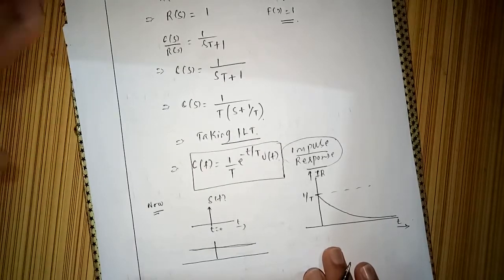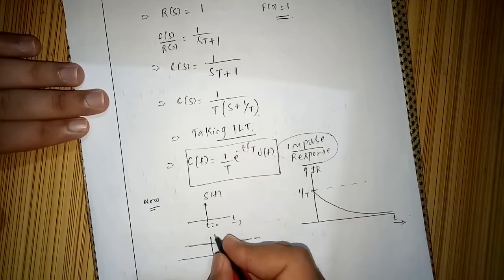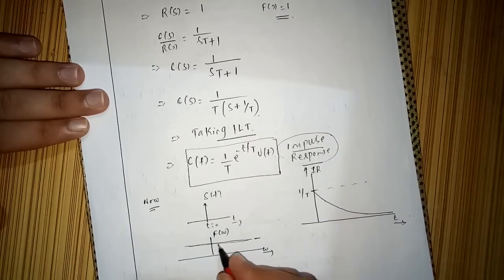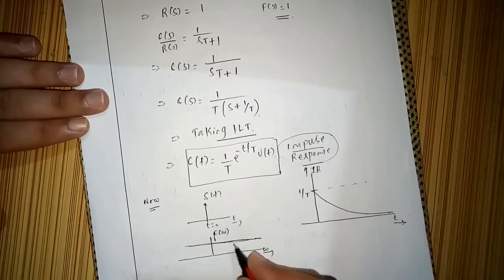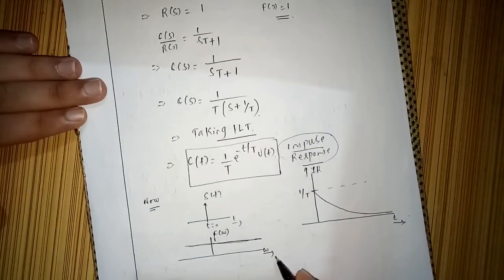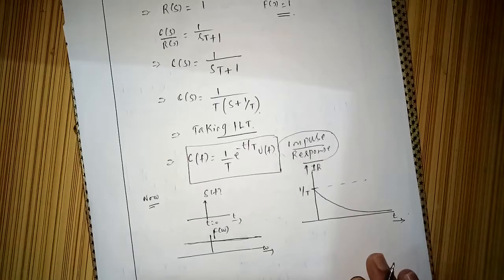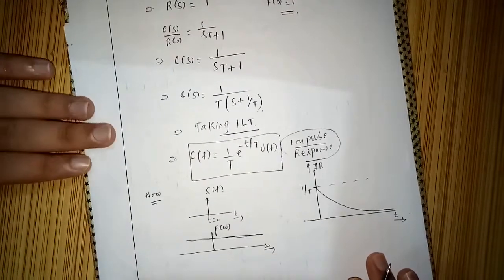If you have already covered it, that's good. Just understand that this is the Fourier transform of delta(t), which is 1. So the impulse response tells us the response of the system at all frequencies. That's why it is one of the very important things in network analysis, control systems and signals and systems also.